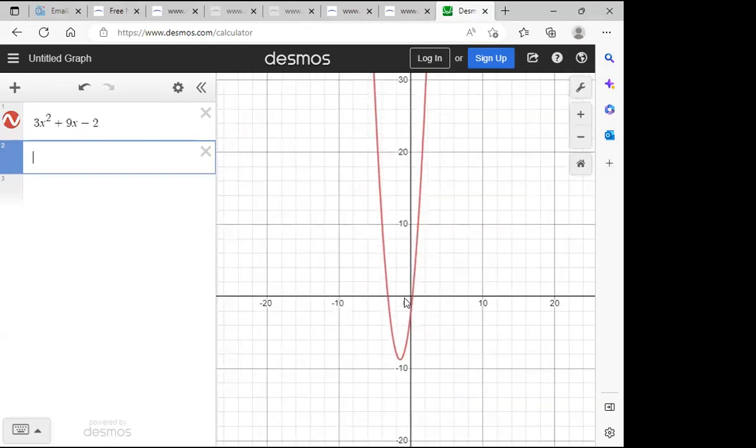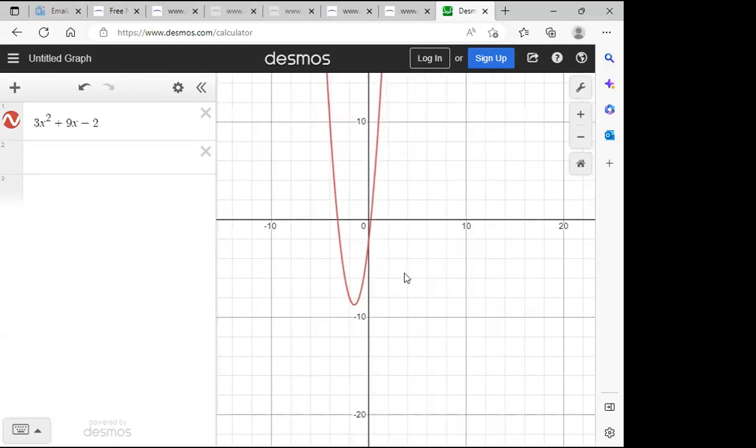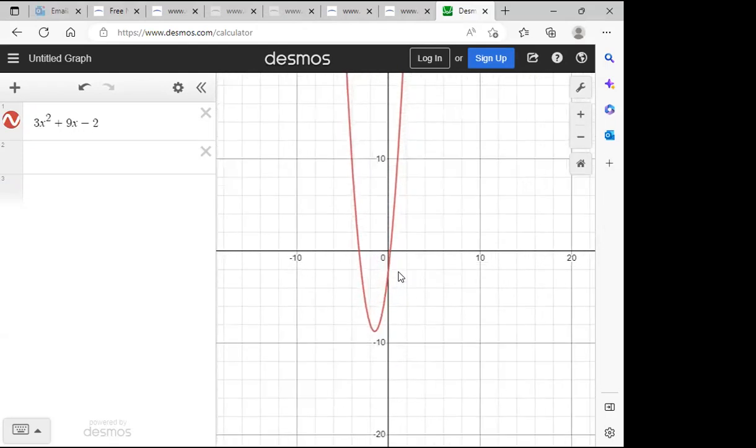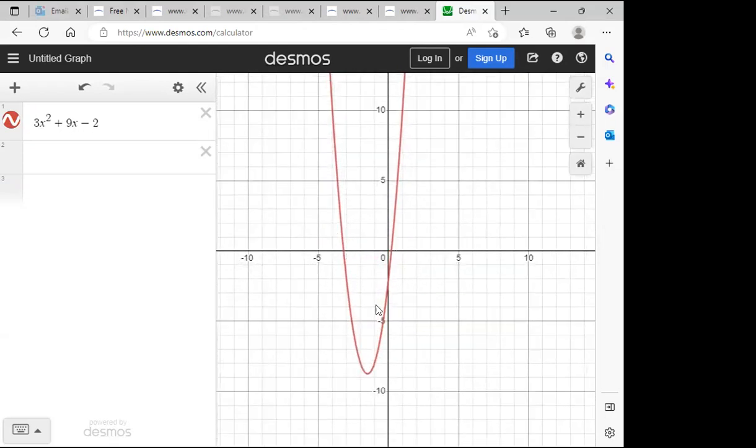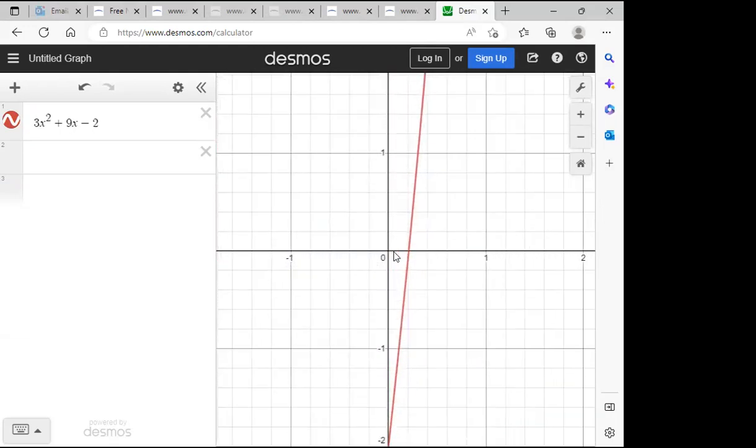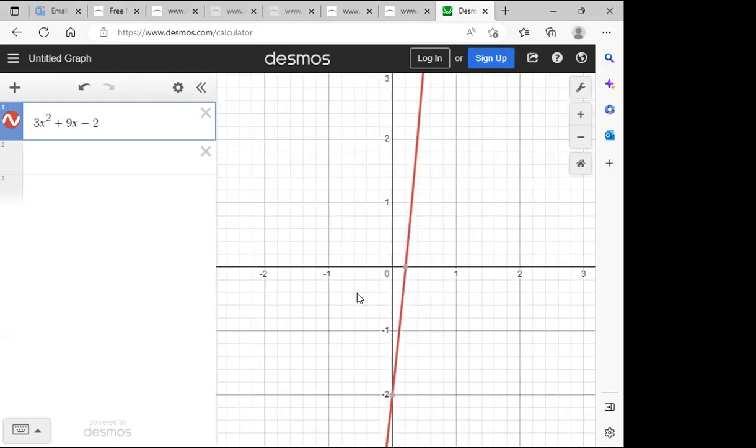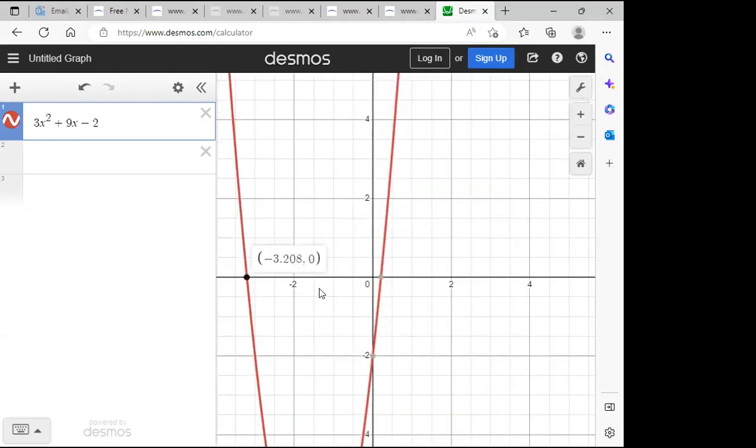If you can see that, there's my parabola. You can see it cuts the x-axis in two locations, so it's got two real and distinct roots. One of these locations should be 0.2, and one should be -3.2. So that's what that equation's given me.